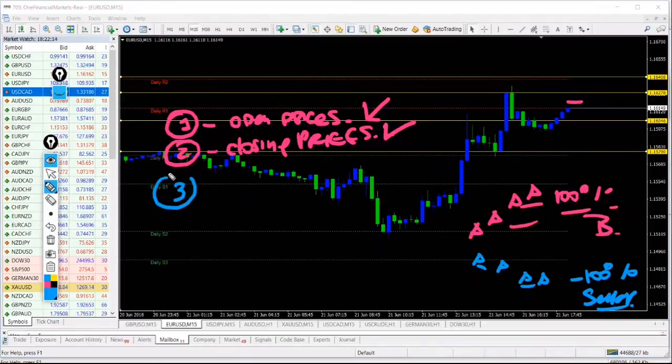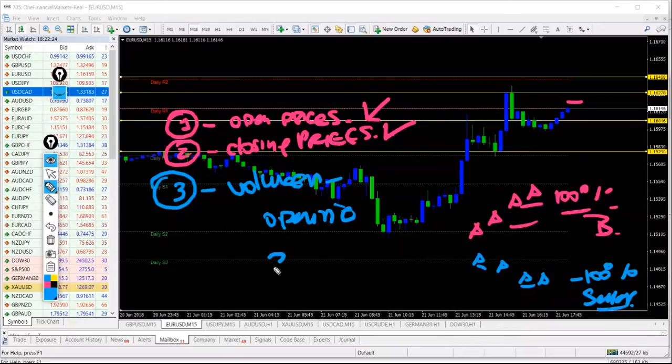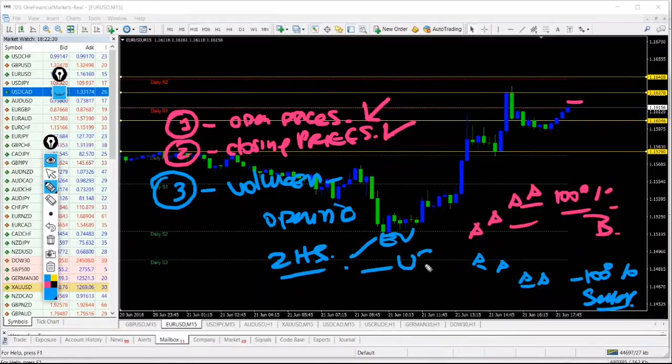So the third thing that you need to understand about price action and how to trade is volume. You need volume. The best moment to trade is at the opening of the market. The first 2 hours of every opening of whatever session you want to trade, either Europe, US, could be Asia, could be any market. The first 2 hours are key because we work with the banks.